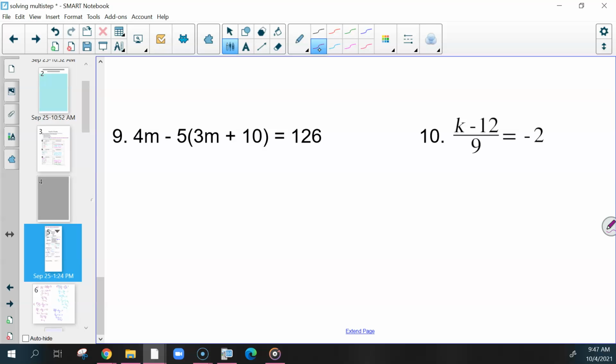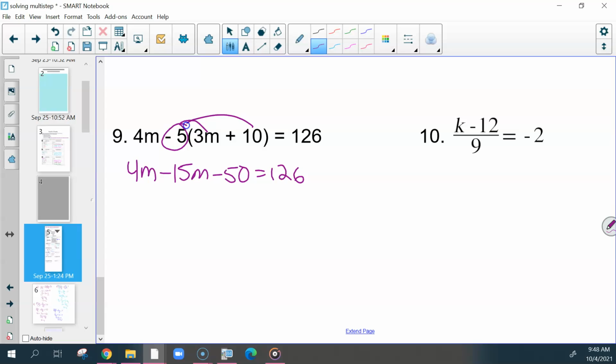So for number 9, I need to distribute, so I'm going to do that first. Multiply this to everything inside here, and bring everything else down. So that part's not really new. And then we're combining like terms. Remember, when you do that, it's whatever it says.